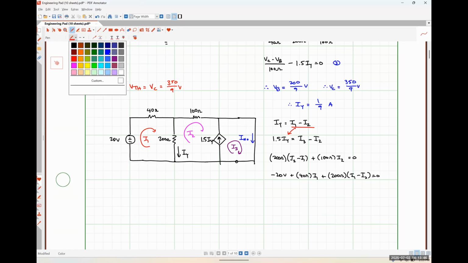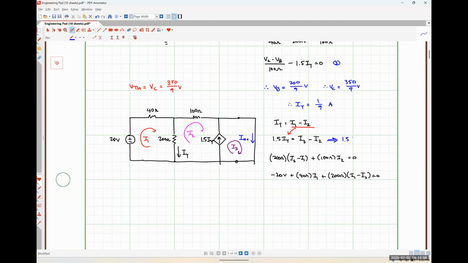And I'm going to go ahead and rewrite that equation real quick. So I'm going to have 1.5 I1, and then I'm going to have minus 1.5 I2, but then I also have this minus I2 on the other side.